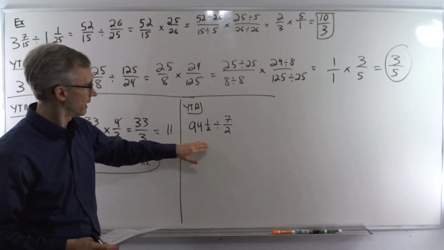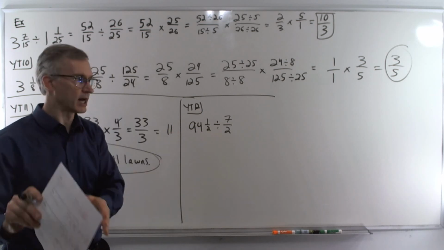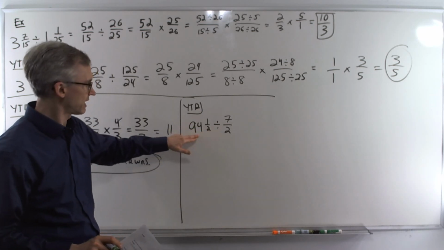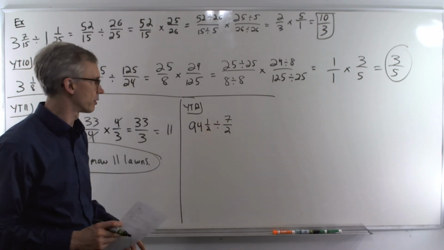Alright, so we're taking the whole space and we're splitting it up into equal sizes, so that is division. So we're going to take the size of the space and divide by the size of one board.